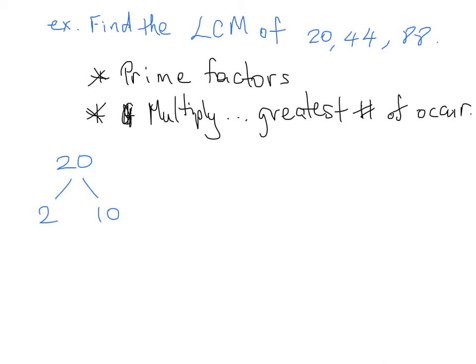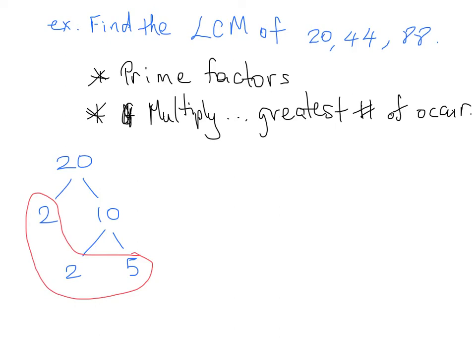Then we take that and make another set of branches. 10 also has another factor other than 1, and the lowest one is 2. You multiply that by 5. And now 5 right here is a prime number, so it's 2 and 2. So these are actually all the prime factors. I'll circle them here, because 2 times 2 times 5 gives you 20. So those are the prime factors of 20.